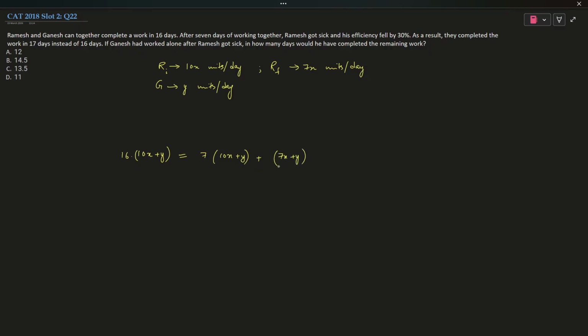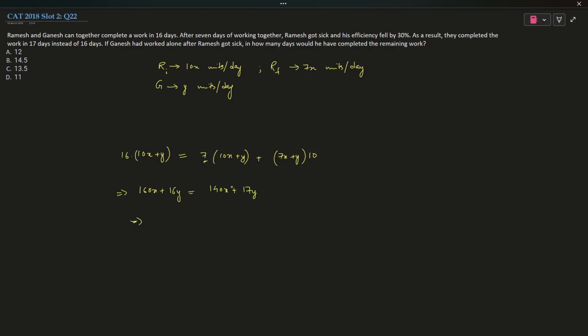Ganesh continues with y, and they work for 10 more days, since they have already completed 7 days and the total time is 17 days. So this comes out to be 160x plus 16y equals 70x plus 70x, which is 140x, plus 7y plus 10y, which is 17y.